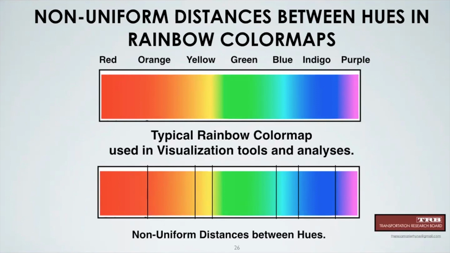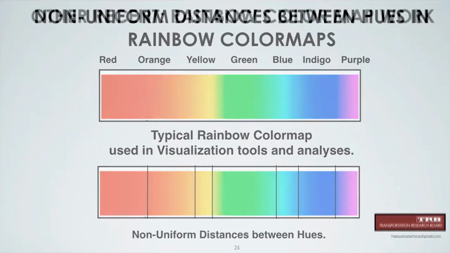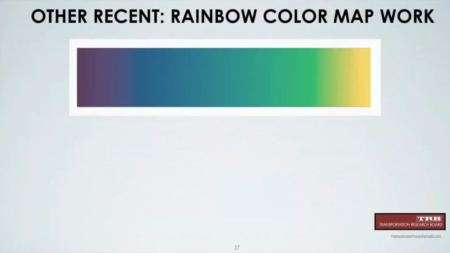So people began to write extensively, saying don't use the rainbow color map, because your distances aren't mathematically proportional with regard to the hues. It's a big issue in visualization, and it goes on today.